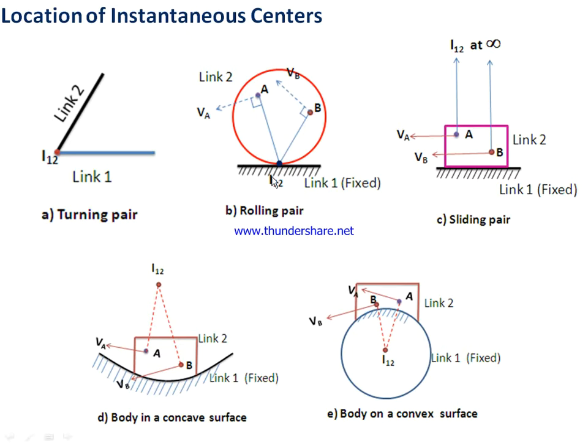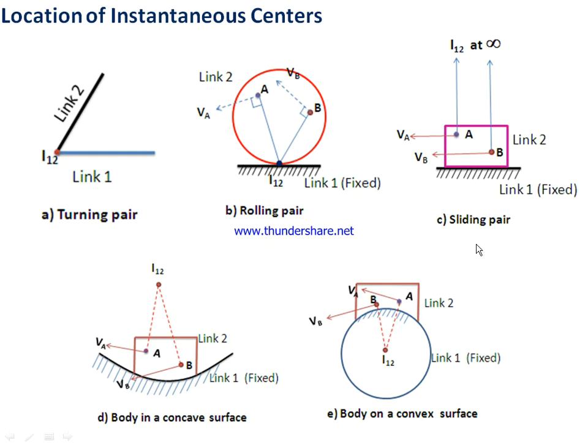So I12 will be the instantaneous center of rotation of this moving ball on the flat surface, which is the fixed link. Whenever a body like this is in contact with another link and rolls without slipping, remember, the point of contact between the two links will be the instantaneous center of rotation.